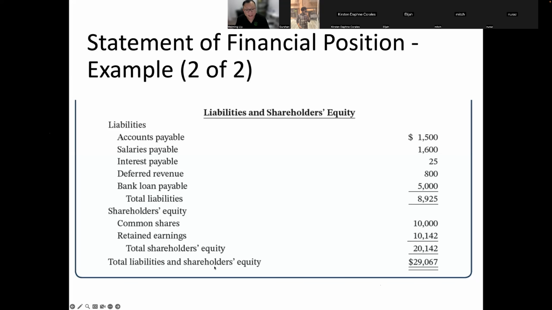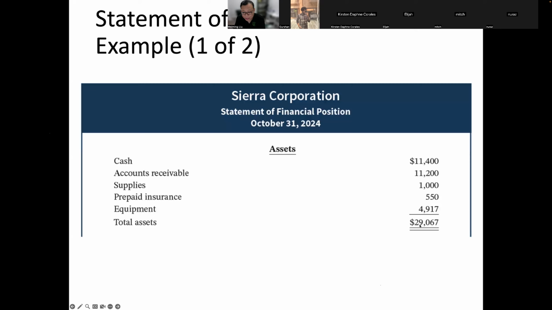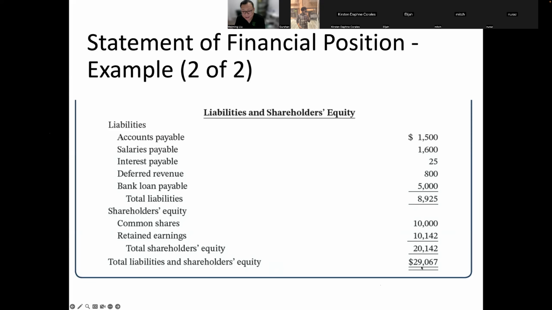The total liabilities and shareholders' equity is 29,067. And take a look at the total assets, 29,067, right? So assets of 29,067 equals liabilities plus equity of 29,067.